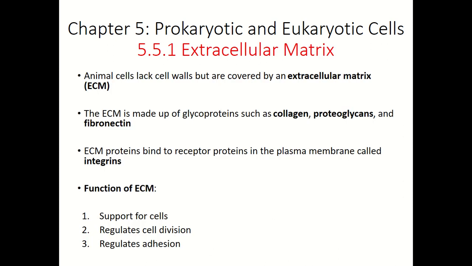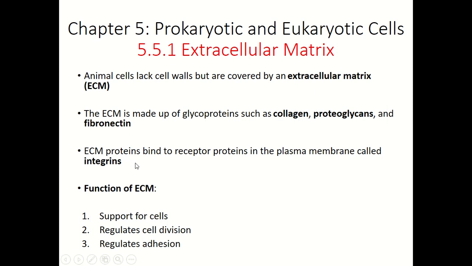Meanwhile, animal cells do not have a cell wall. However, animal cells are covered by the extracellular matrix, also known as the ECM. The ECM is made up of glycoproteins such as collagens, proteoglycans, and fibronectin.